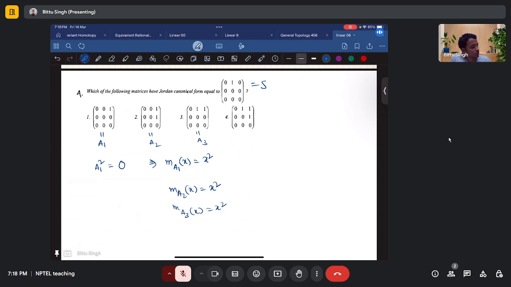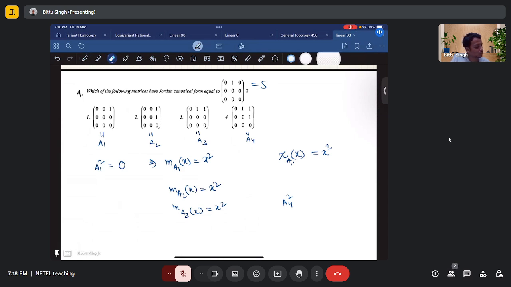And we also see that the characteristic polynomial for all those Ai's, let me write it A4. All those Ai's, the characteristic polynomial is same as x minus 0 whole cube. That is same as x cube, right? So now for A4, we see that A4 square is non-zero actually.